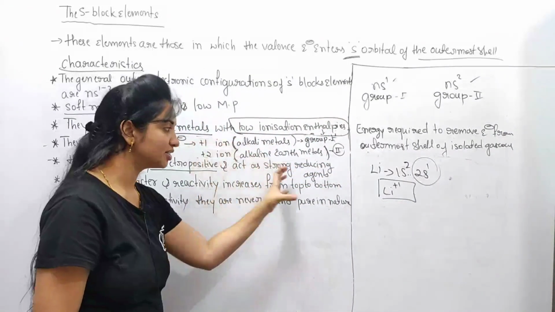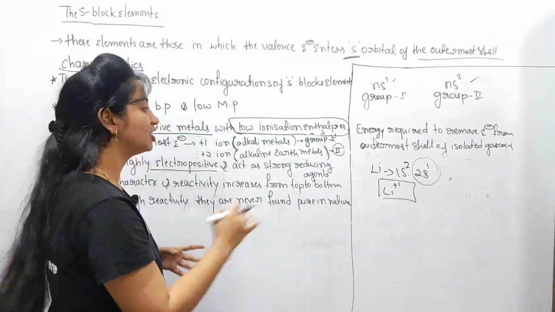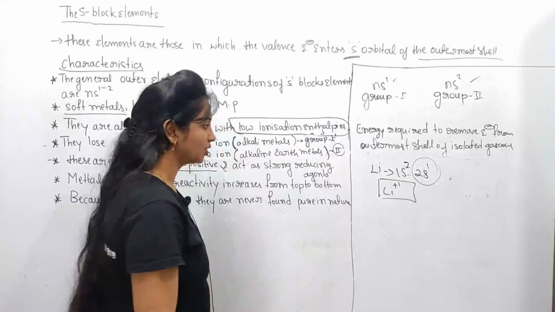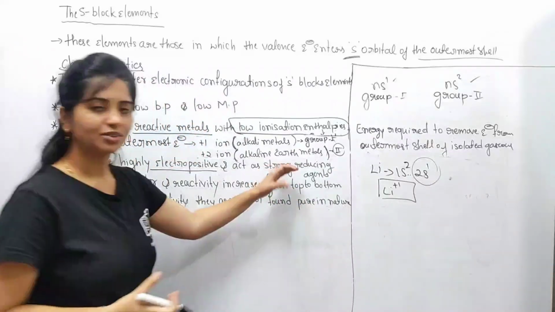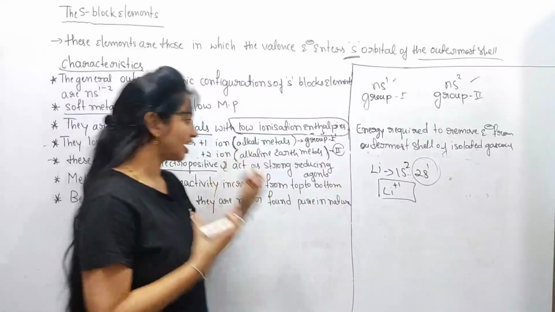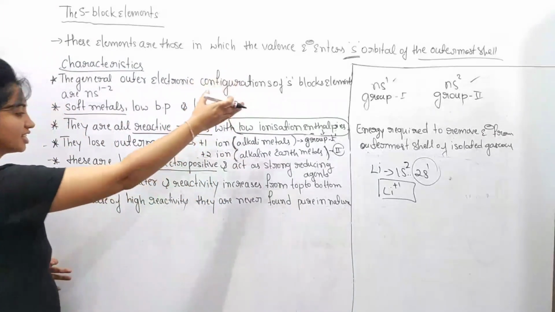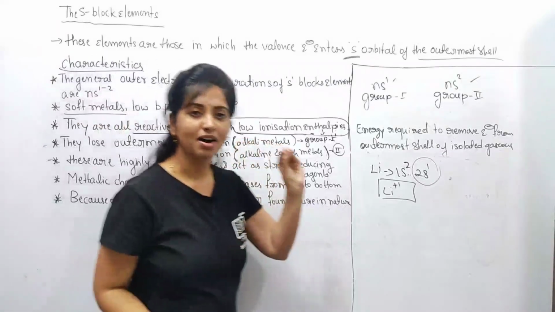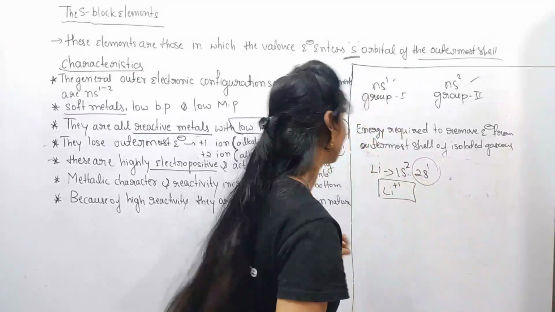What do you mean by a reducing agent? The species which donates the electron to the electron recipients, meaning these are good electron donors. The reducing agent itself undergoes oxidation. I will tell you in the periodic table how the ionization enthalpies vary, and about the electropositive elements, and about the oxidation reaction and the reduction reaction in our next classes.